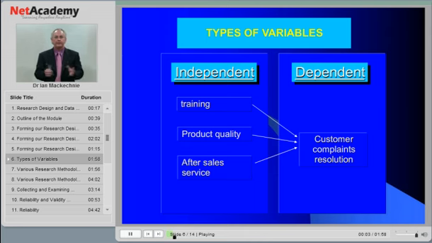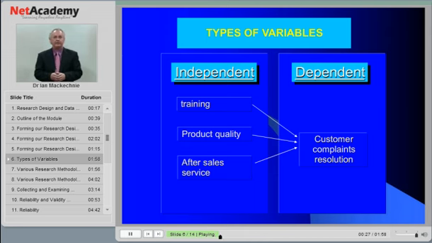Now, in putting this information into a diagram form, we see here that we have our variables, and you'll notice that we have two different sorts of variables. We have independent variables and dependent variables. The dependent variable, in this case, customer complaints resolution, satisfactory, unsatisfactory, is the variable that we are examining.